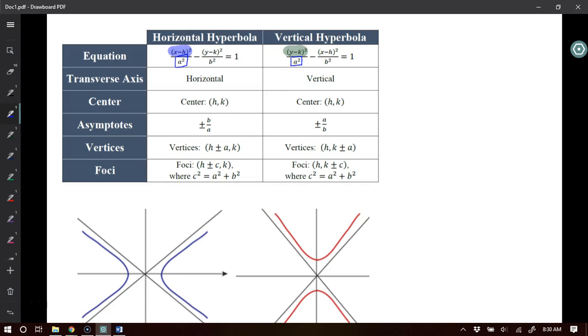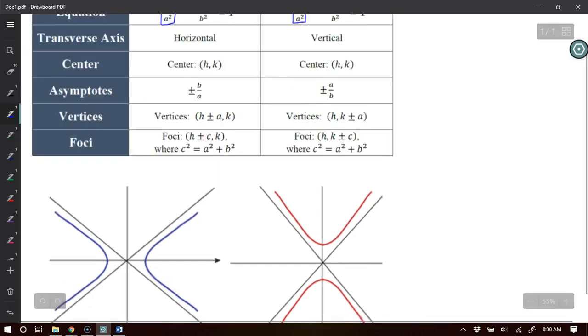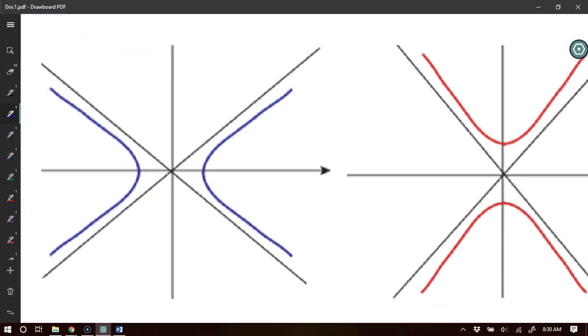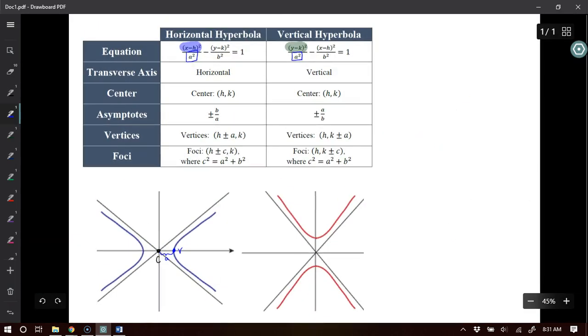But the reason why A stays where it's at when you're dealing with a hyperbola is because A we've defined as the distance from the center to the vertex. And so A is moving left to right to create those vertices for a horizontal hyperbola. So therefore the A for a horizontal hyperbola has to be under the x term.